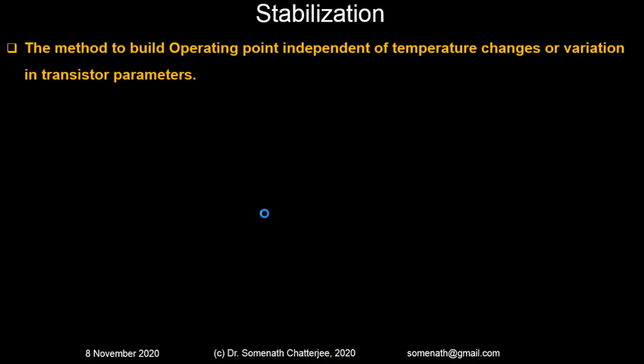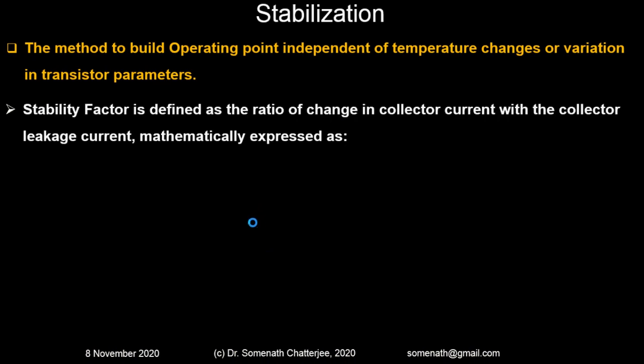The method to build an operating point independent of temperature changes or variation in transistor parameters is called stabilization. We measure it using a factor defined as the ratio of change in collector current to the change in collector leakage current. What is the collector leakage current? That is nothing but ICBO, the reverse saturation current in the collector to base junction.